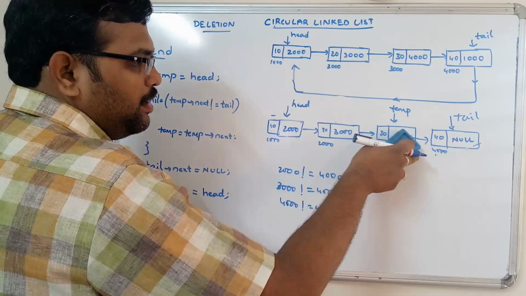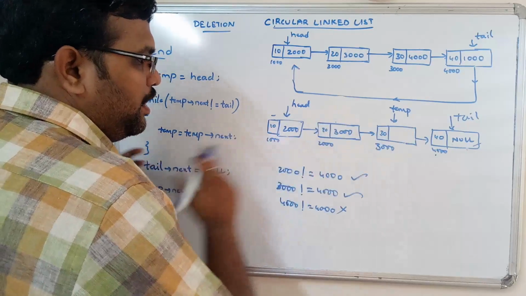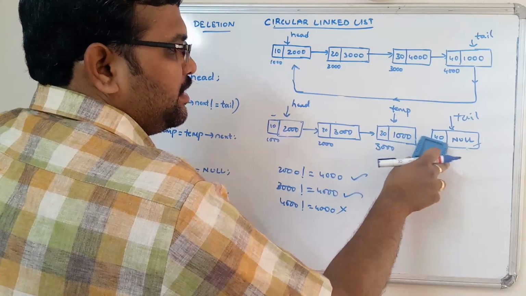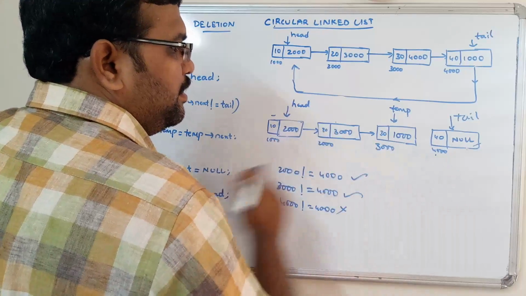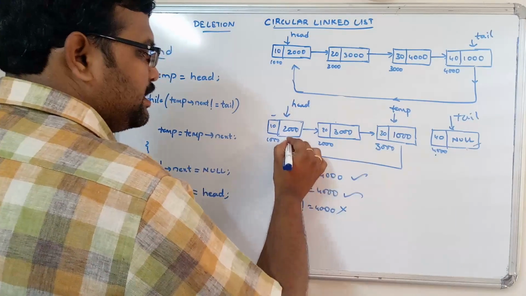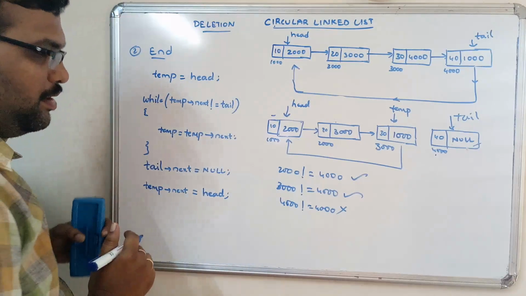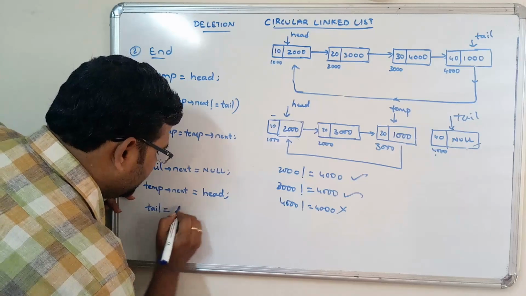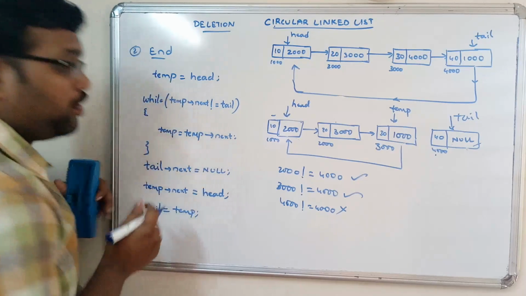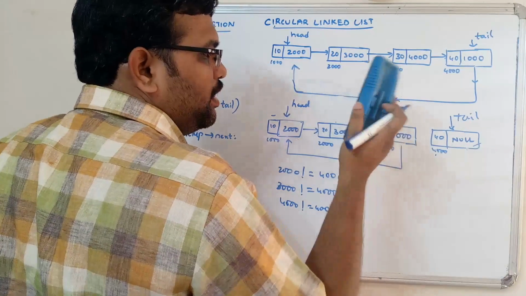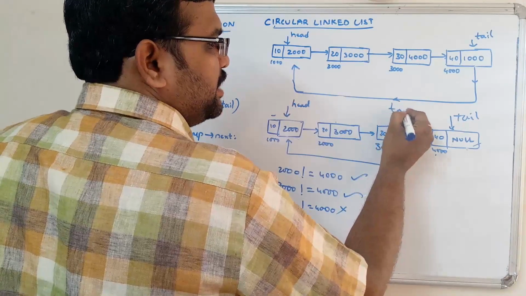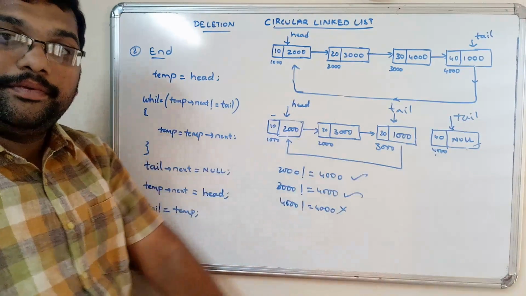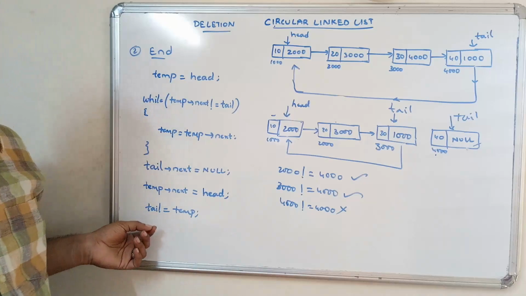Automatically here it will remove the 4000 and it will place 1000. So it was disconnected here, and a connection is established from here to here. Right? Now tail is equal to temp, because the last statement will be tail. So here we are assigning tail here. Just remove here. Okay. So this is a small thing.